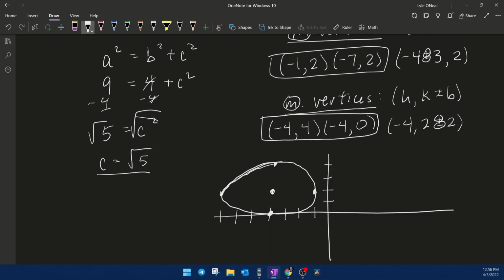And if you recall from our previous example, we approximated the square root of 5 to 2.2. And so we can see that the foci are going to have to lie along the major axis.